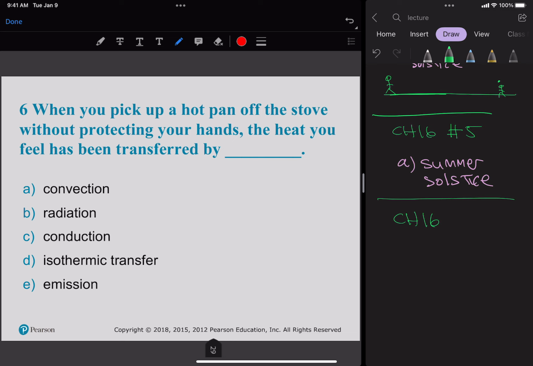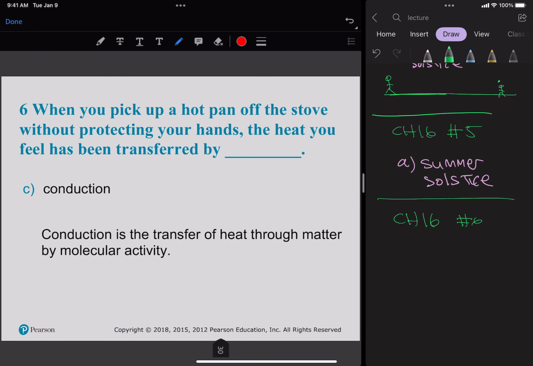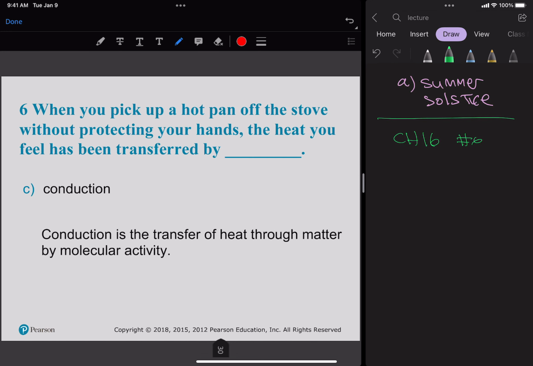Chapter 16, number 6. When you pick up a hot pan off of the stove without protecting your hands, the heat you feel is transferred by which one of these processes? It's going to be conduction. There are 3 modes where heat travels, but here you get it by direct contact, by touching a pan.